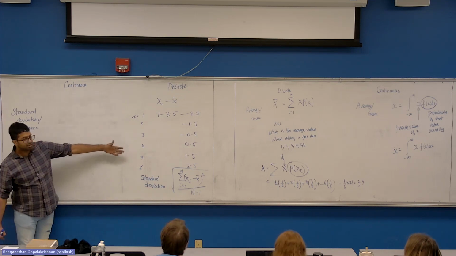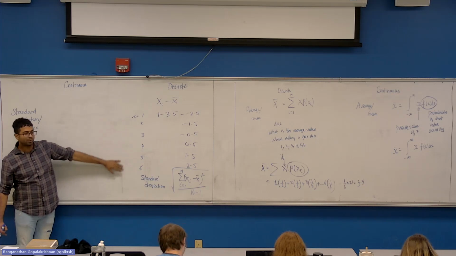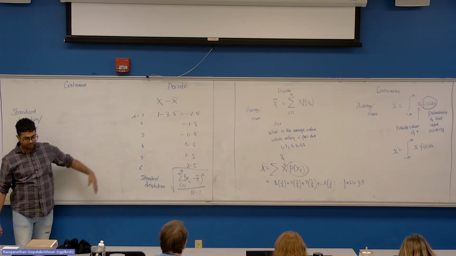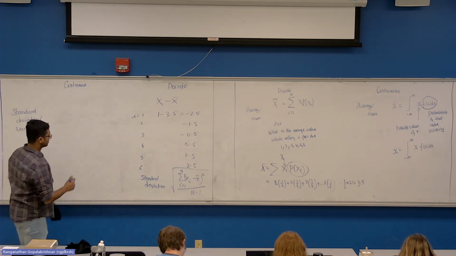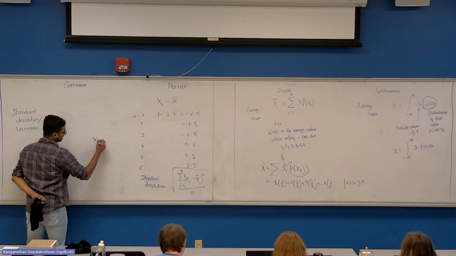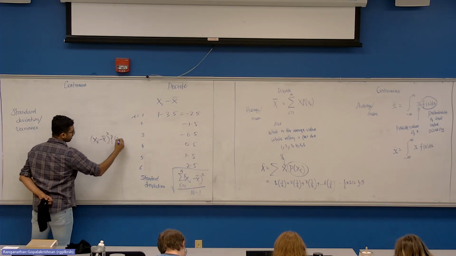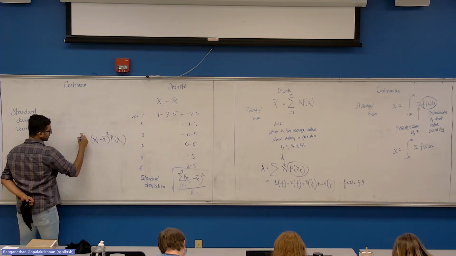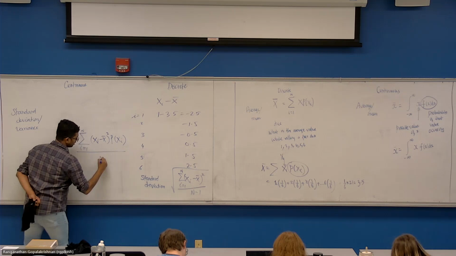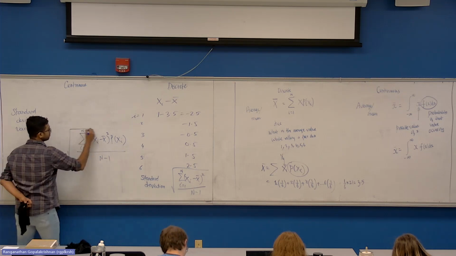This is easy to imagine if you have only few outcomes. But if you have many outcomes, the way we write it is the sum of xi minus x bar squared, multiplied by the probability of xi, summed over i equals 1 to n, divided by n minus 1.